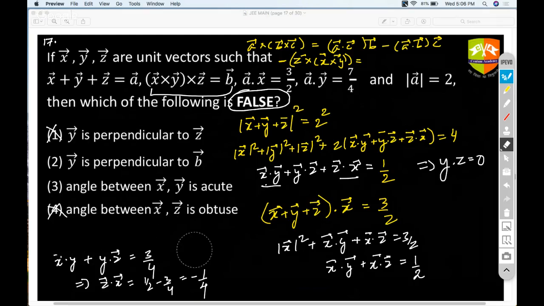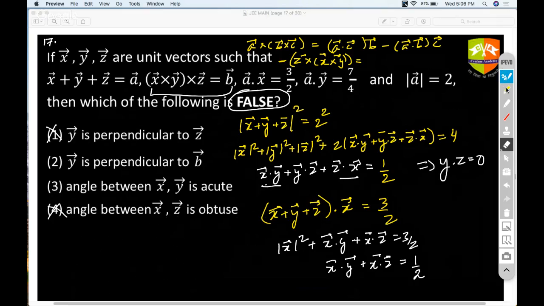Let me use this space over here. So if you expand this, it's going to be Z dot Y times X minus X dot Z times Y is equal to negative of B, we can say here. Right?